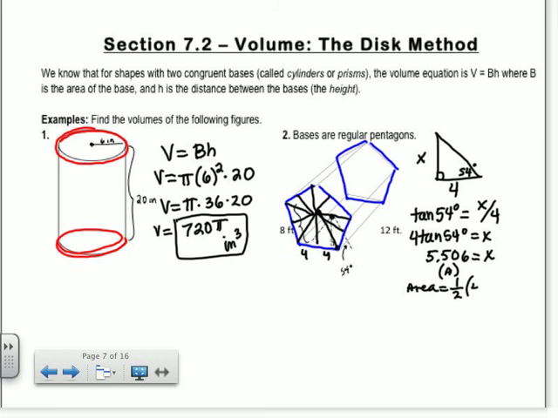So base was 4, height was that A value. I'll just write A. So I got 11.011. Okay, I'm going to store that as B, just in case I have to use that.